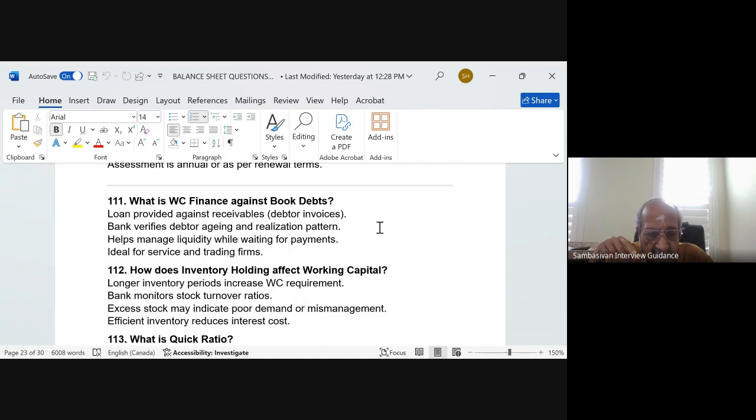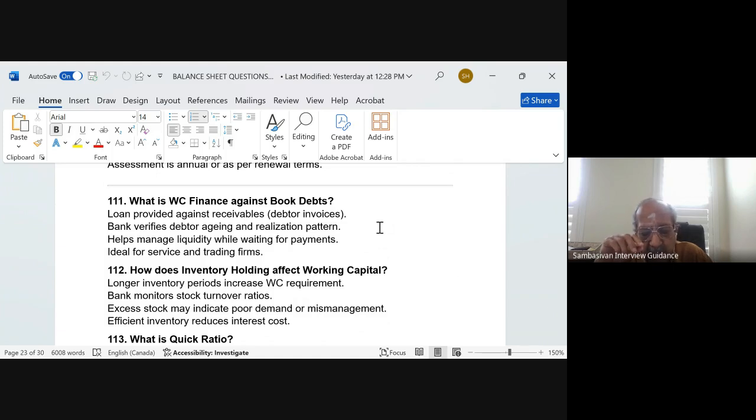Now, next option is banks do finance against sundry debtors. What is sundry debtors? Whenever a company supplies goods to its customers, all the customers will not buy by paying cash. They will ask for some credit period.